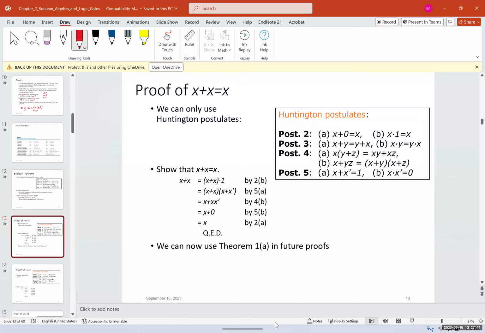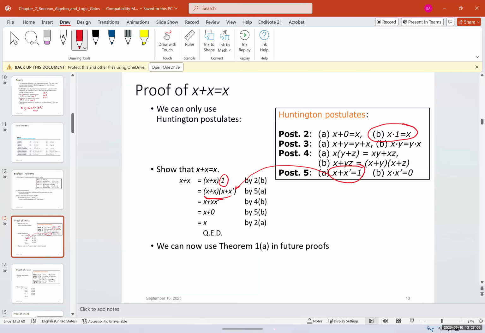So for the proof of this, we can write it like this. X plus x, we can write it as x plus x times 1, because we have this postulate, we can use it. And we know that 1 is equal to x plus x prime. So I can replace this 1 with x plus x prime.